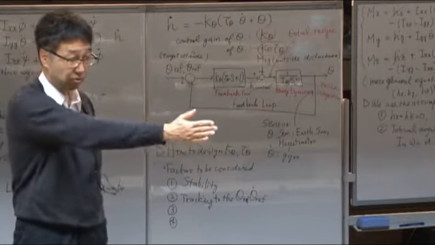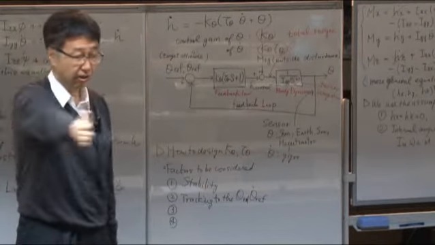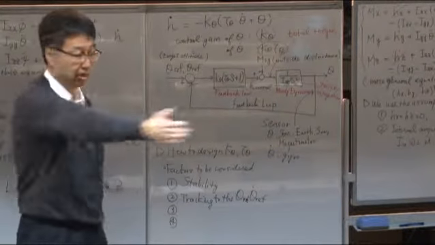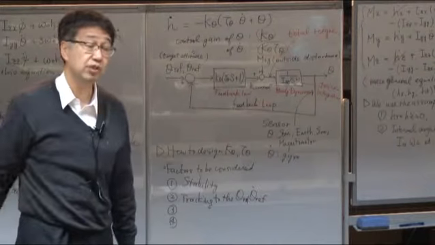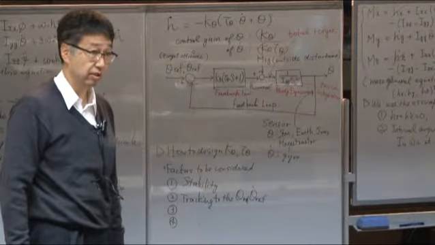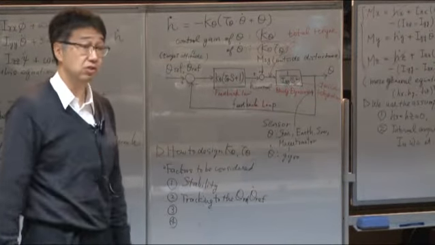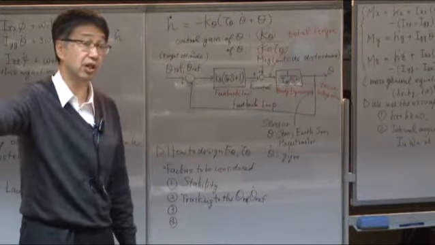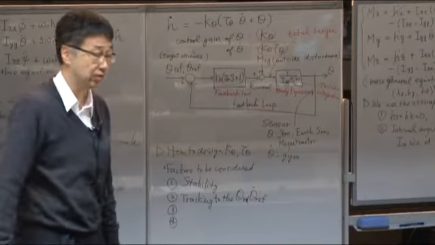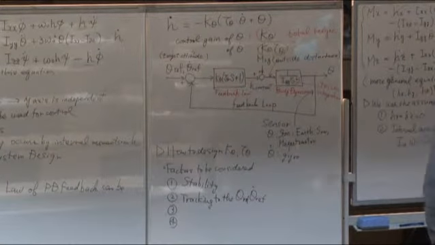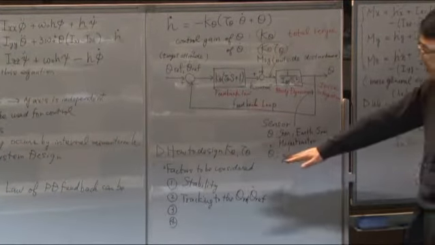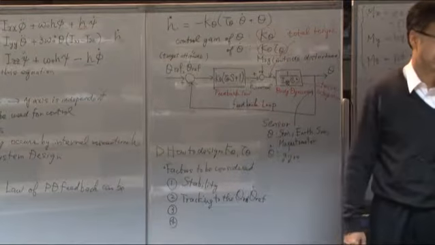So initially it moves like this, but in the meantime it goes this way. This kind of thing happens if stability is not assured. If stability doesn't exist, something like a divergence of the oscillation occurs. So the first thing you should consider is stability.